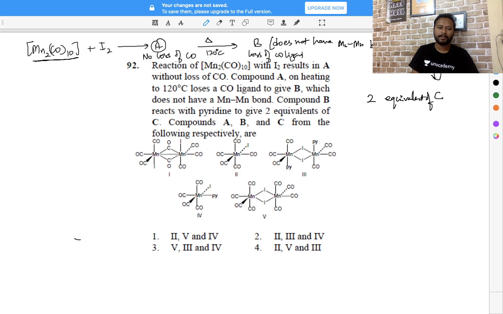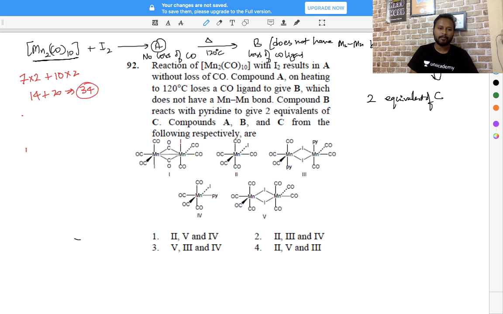From manganese you will have d7, so 7 electrons, 7 into 2 is 14, and then 10 into 2 is 20. So 14 plus 20 gives 34, and if you solve it further you will get one metal bond.